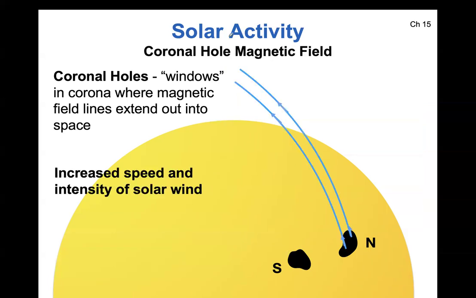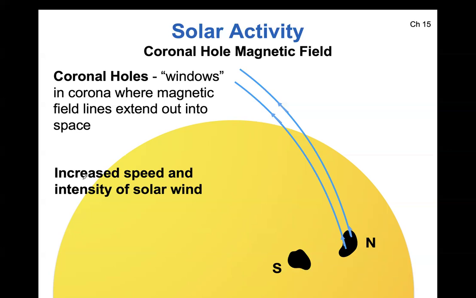Well, in the case of a coronal hole, the lines extend out so far that we can look right down the field lines. And from our vantage point on Earth, we have this view that is not obscured by the gas on the field lines themselves.